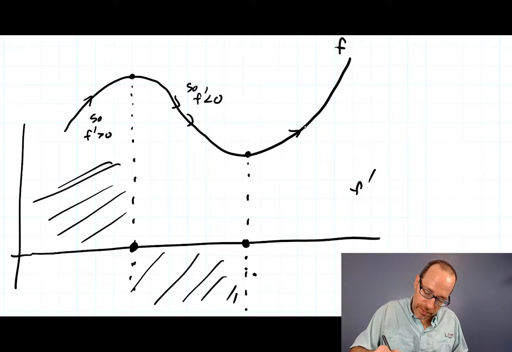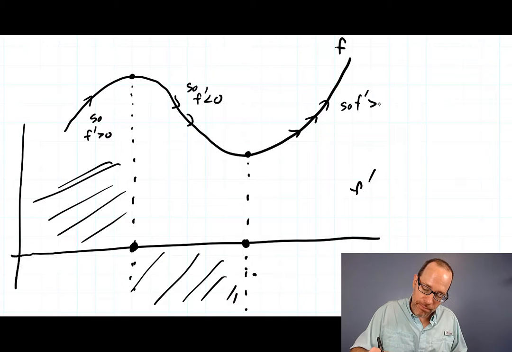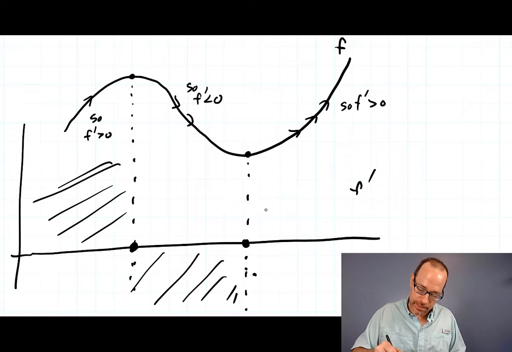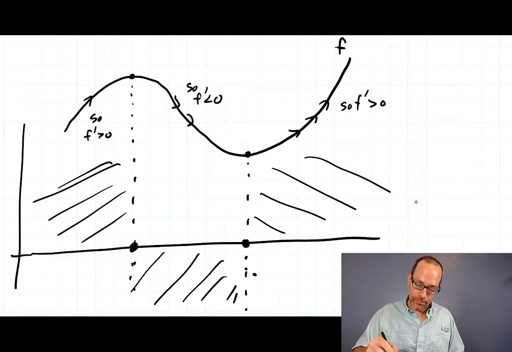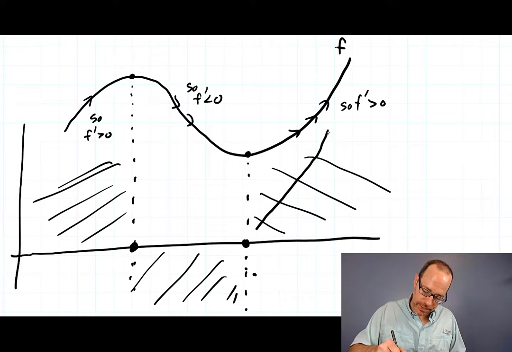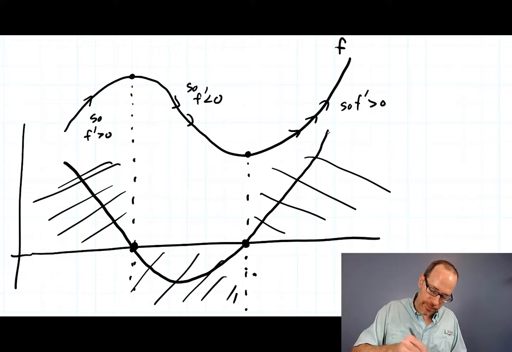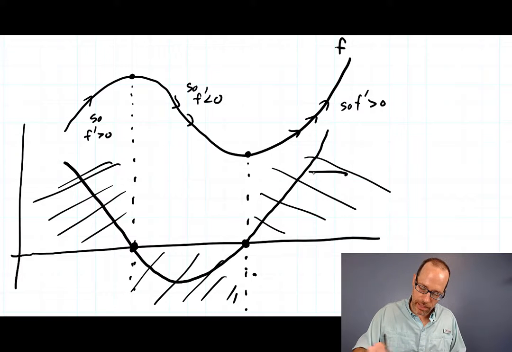And over here your function's going up, so f prime has to be positive again. So a rough sketch, it has to be 0, and then in these regions, f prime has to look something like that.